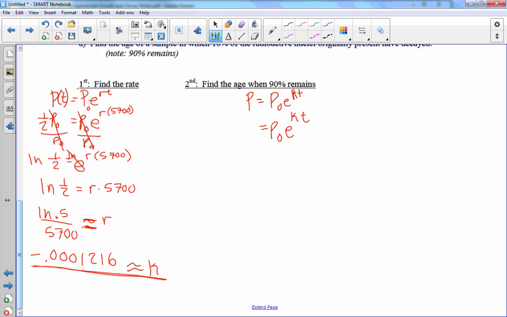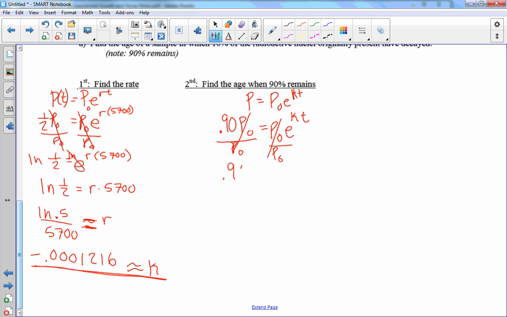We're solving for the time. What would the P be on the left? We want 90% of P naught, or C if you are using C. Same thing as P naught, even though we don't know it, they cancel out.